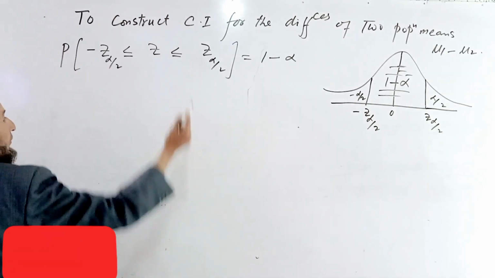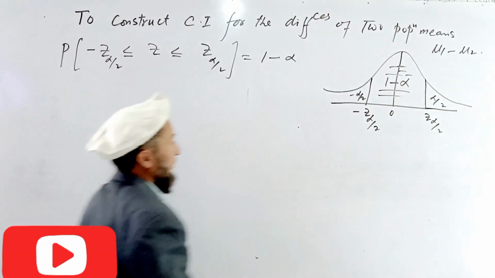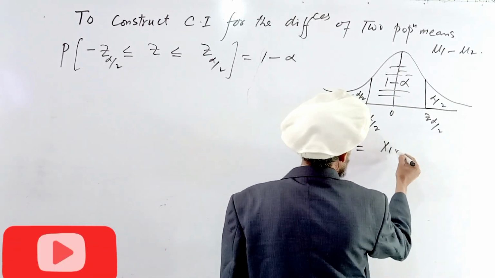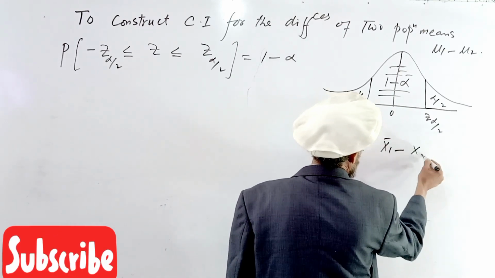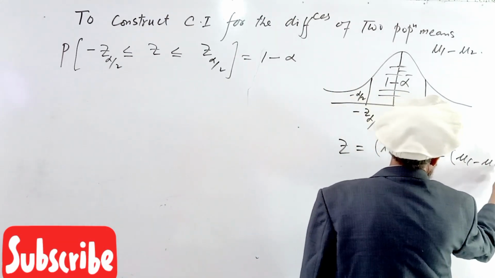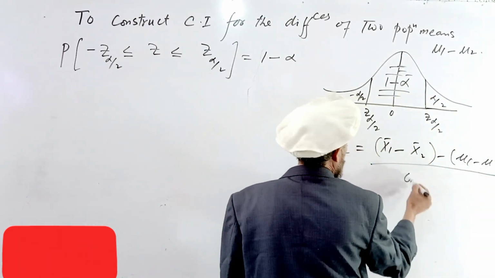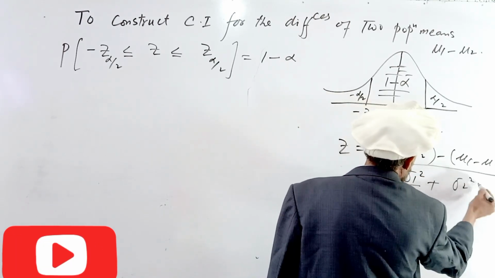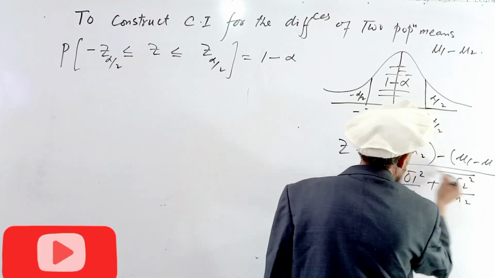Here, for the difference of two means, the required z is equal to x1 bar minus x2 bar minus mu1 minus mu2, divided by the square root of sigma 1 square divided by n1 plus sigma 2 square divided by n2.